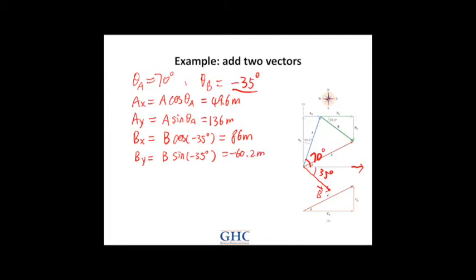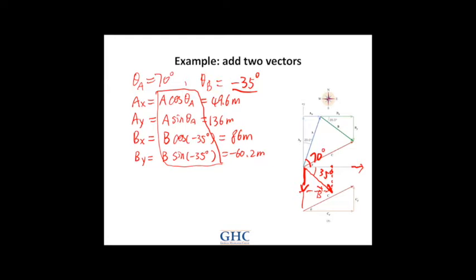The good part is that it will take care of the positive and the negative automatically. If you look at B, the x component of B is positive and the y component of B is negative. But if you always use the angle from the positive x direction, you can always use this equation to find its correct components.